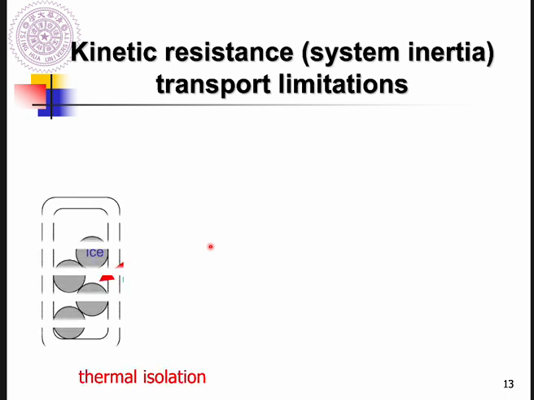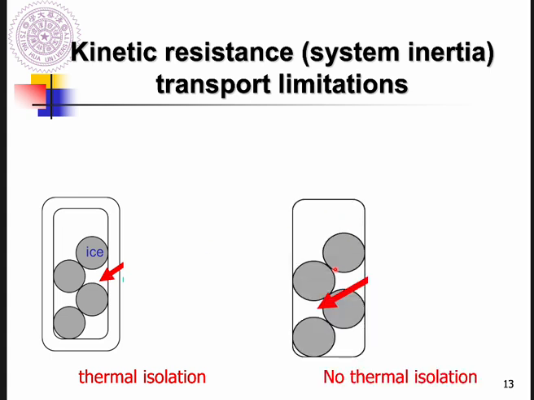So I'm giving you an example here. I have a small ice cube. I put it into the isothermal container here. And the other one, I prepare a larger ice cube, but I just put it into a regular glass without any thermal isolation.